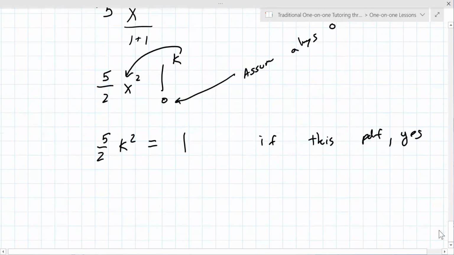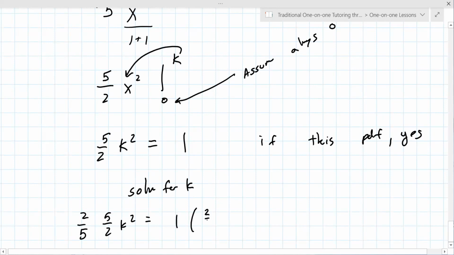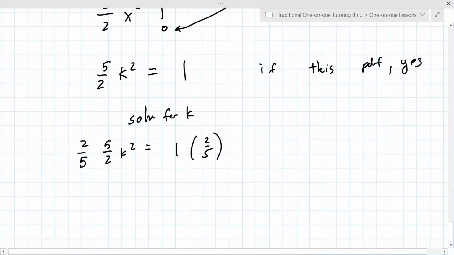Okay, so if this is still okay, you have to now solve for k. Okay. So you solve for k by multiplying both sides by 2/5. Okay, so you get k squared equals 2/5, and then k equals the square root of 2/5, which is some number.